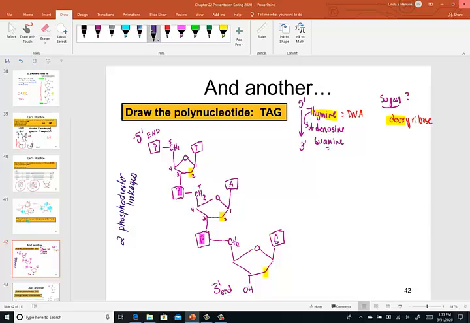Alrighty. So when I have 3 nucleotides, I'm going to need 2 linkages to connect those 3 molecules. T needs to link to A needs to link to G. We have this rough draft. We're ready to fill in the details.